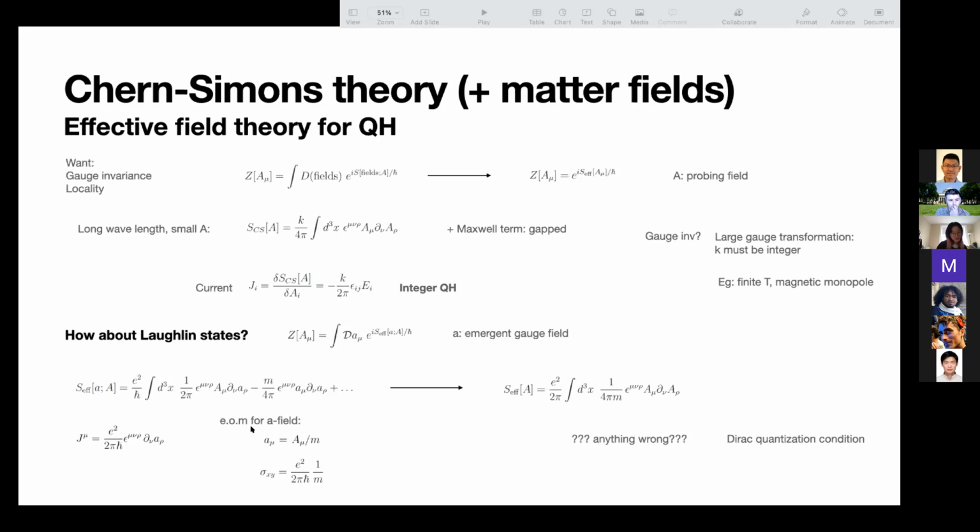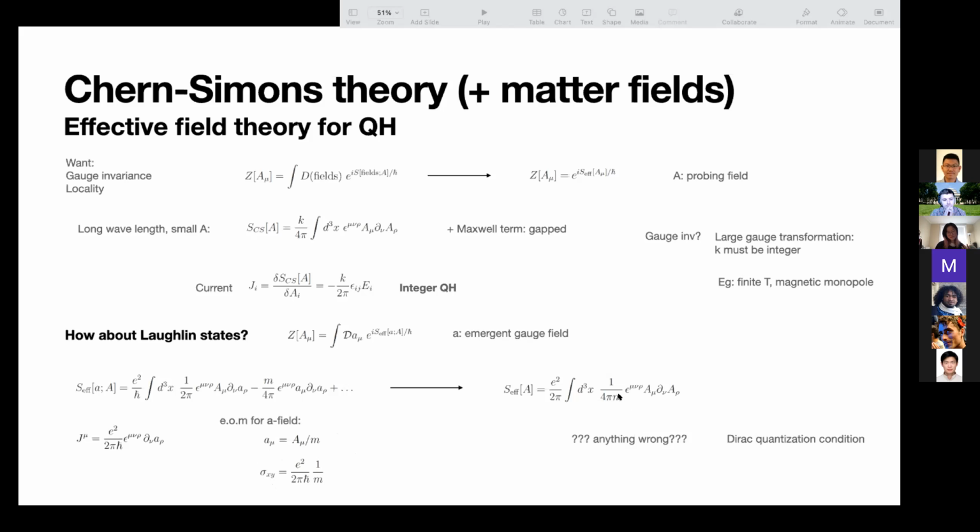But if we consider the equation of motion for the little a field, we'll find that this little a field is actually 1 over m times the big A field, plus some gauge terms. That will give us a Hall conductance which is 1 over m. Furthermore, if we integrate out this little a field, we'll get a 1 over m coefficient in front of the Chern-Simons term.